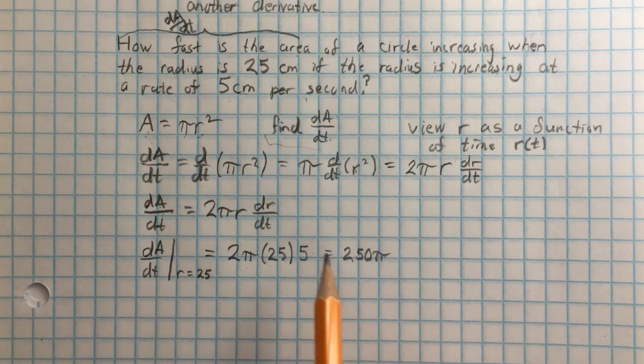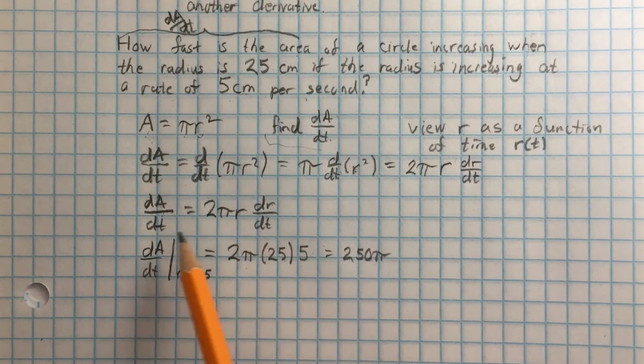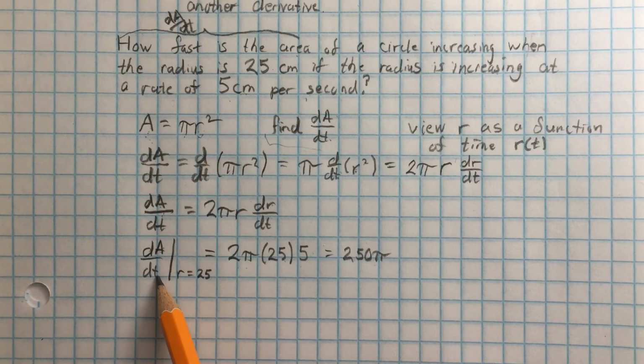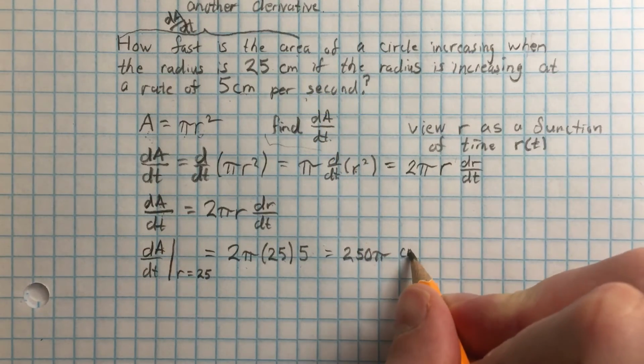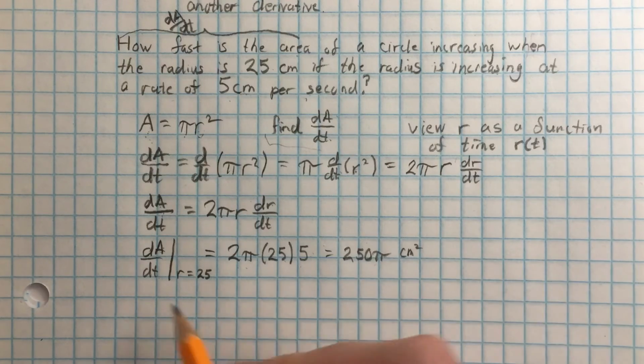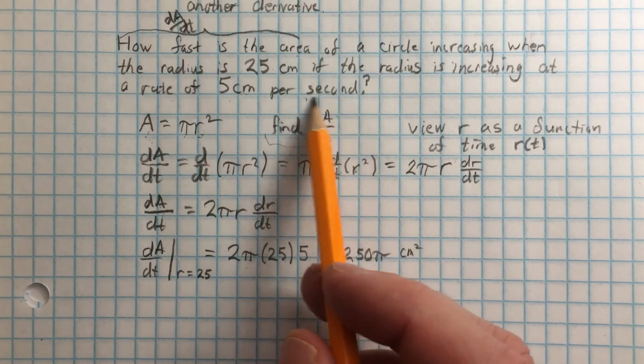But an easier way in general is to look back at the derivative you're talking about. This is 250 pi, which is dA/dt. So the area of this circle, right, the numerator units would be, because we're measuring in centimeters, centimeters squared. Right? The radius, the area of the circle. And time is measured in seconds according to the problem.